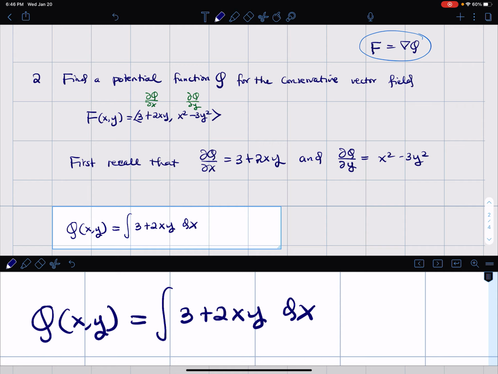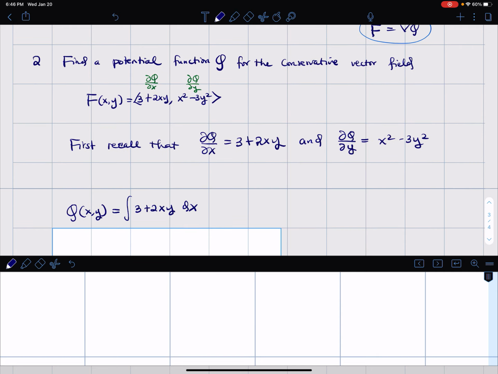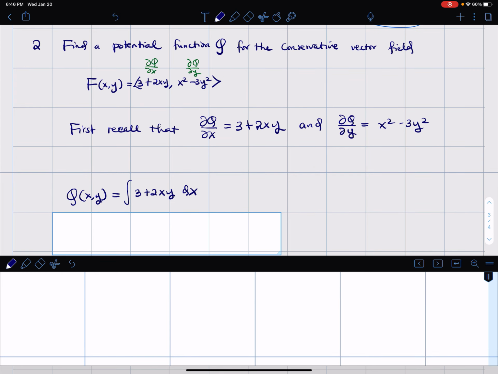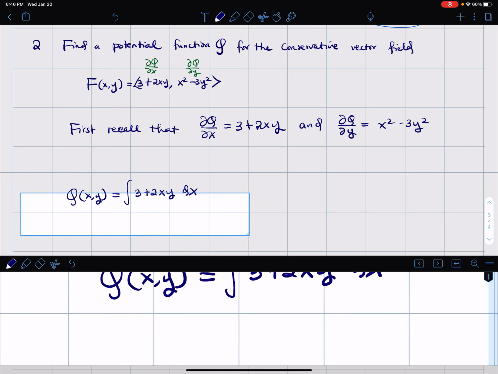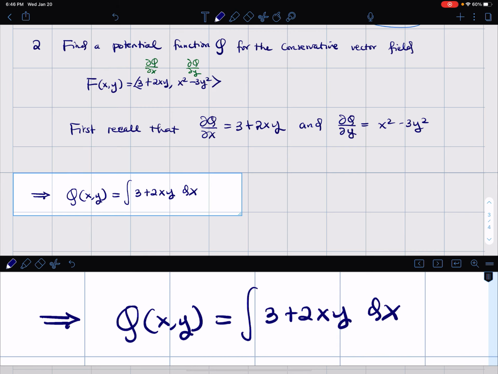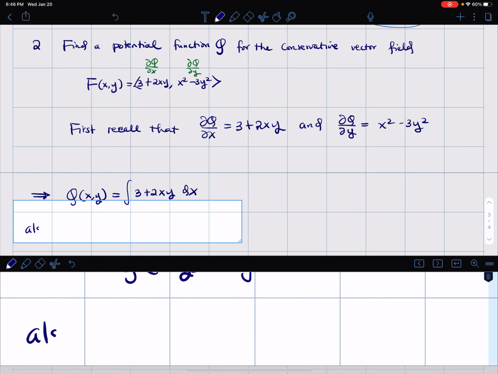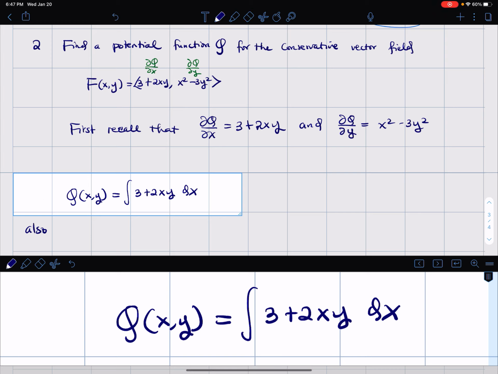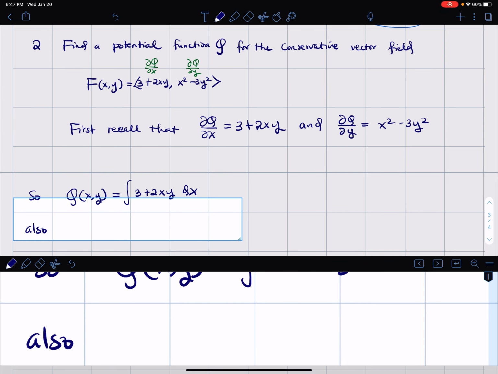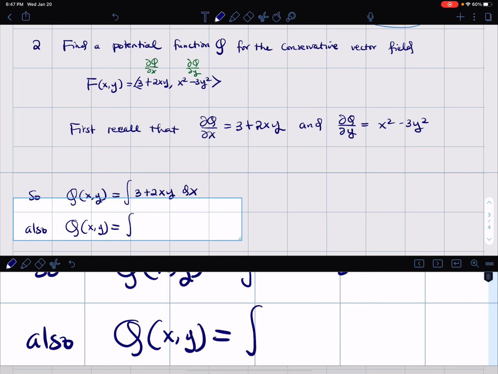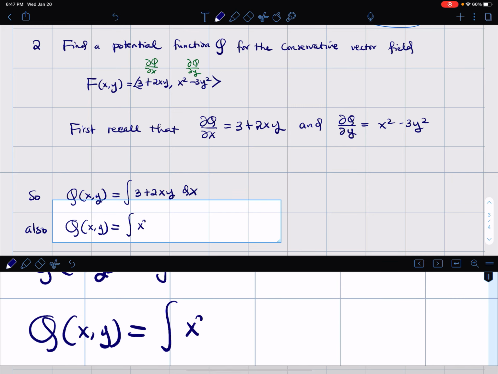All right? So if we find the integral, we're going to get our phi of x. At the same time, phi of x, y is also the integral of x squared minus 3y squared dy.